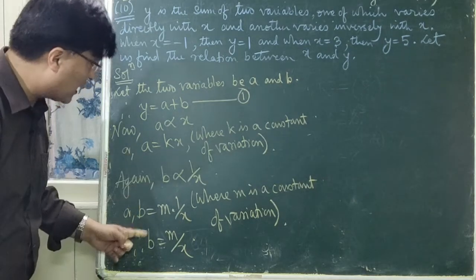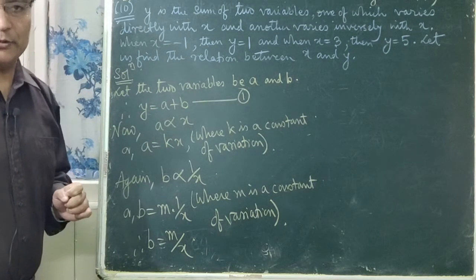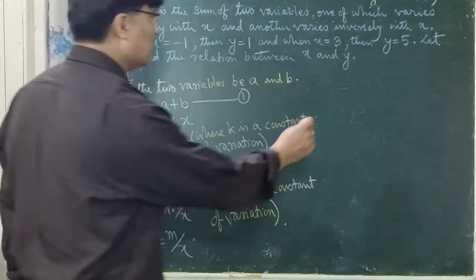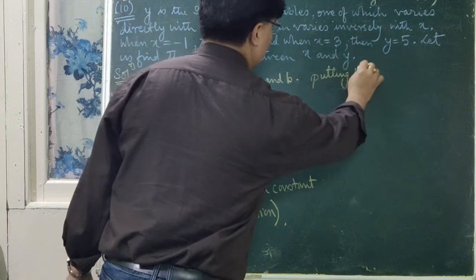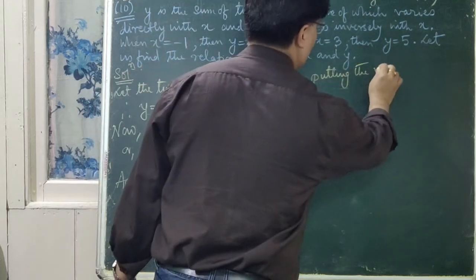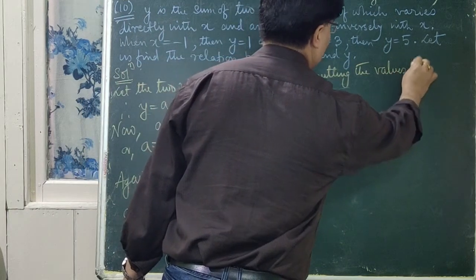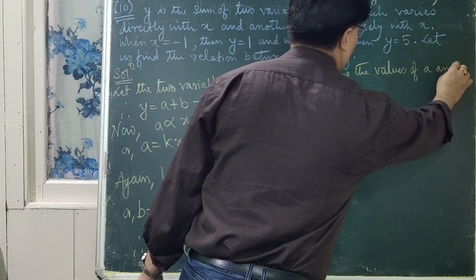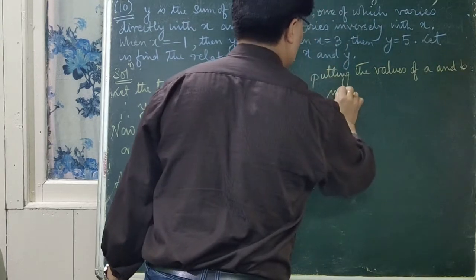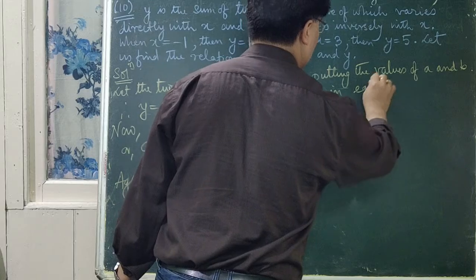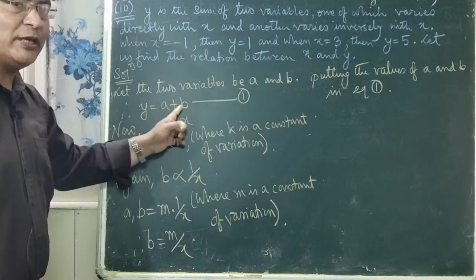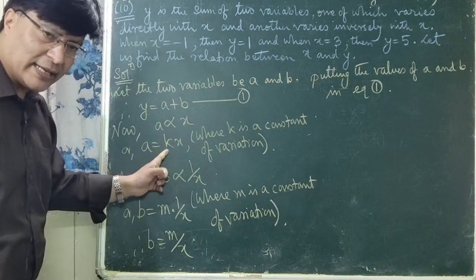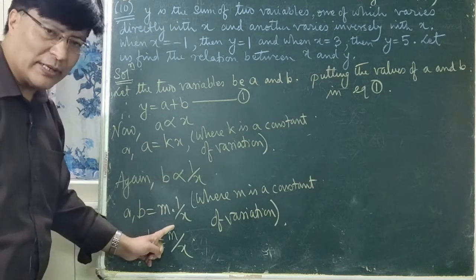So what will you do in the next step? Where do we put the values of a and b? In equation 1, right? So let us write down here, putting the values of a and b in equation 1. What is a here? kx, and b is m upon x.